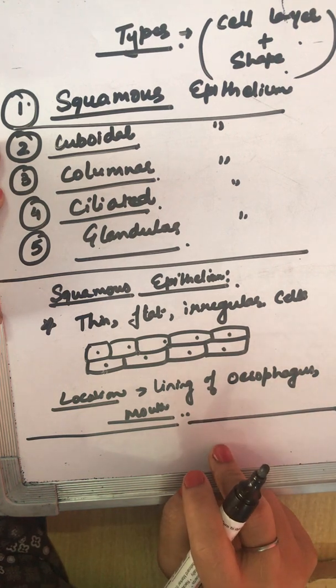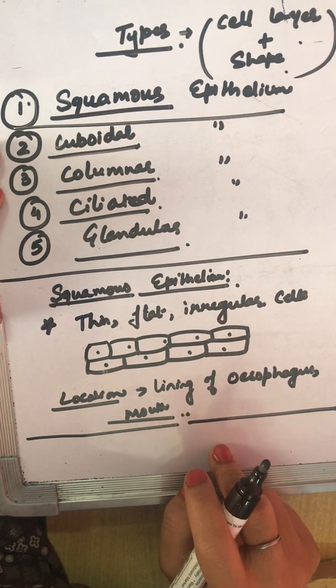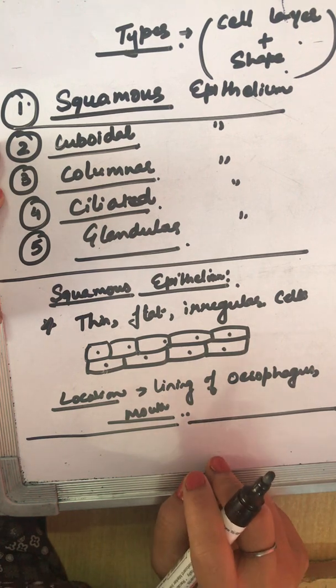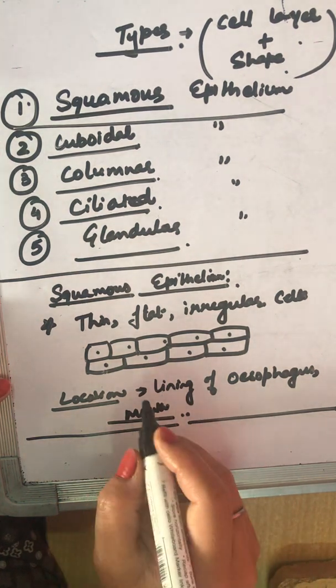That time this epithelium is known as stratified squamous epithelium or multi-layered epithelium. I'll show you what happens then.